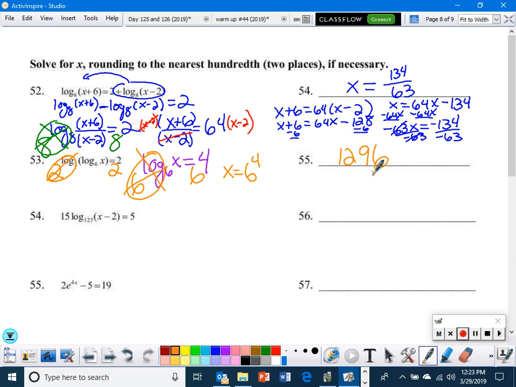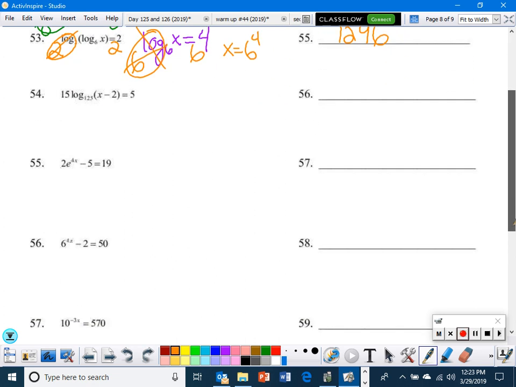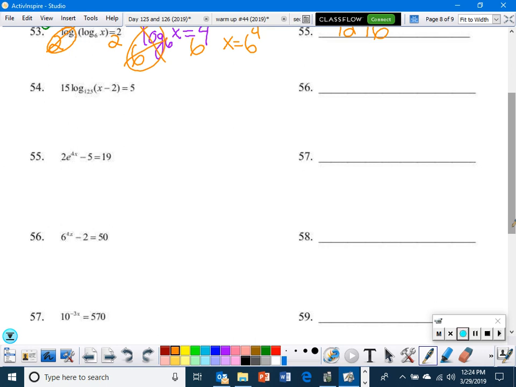Okay, number 54. First thing we got to do is get rid of the 15. And we're just going to leave that as a fraction. That's 1/3. Okay, previously, just like we did with others, we got to get rid of the base 125. So I'm going to do this.